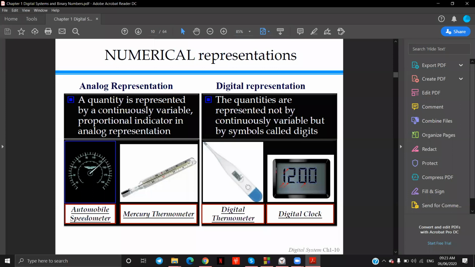This value is fixed. This is not analog representation. This is also a digital clock. A digital clock also has an exact value, here 12:00. In the case of a clock, there may be an analog clock also, such as our wall clock. A wall clock can be analog and it can be digital also.